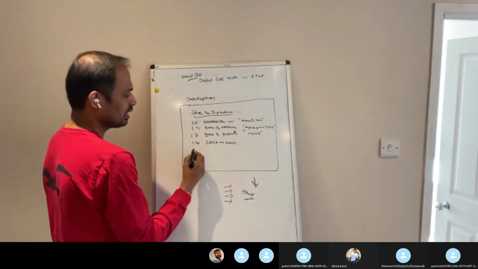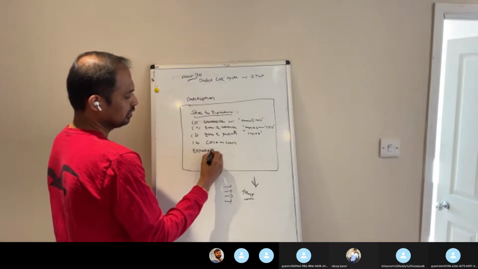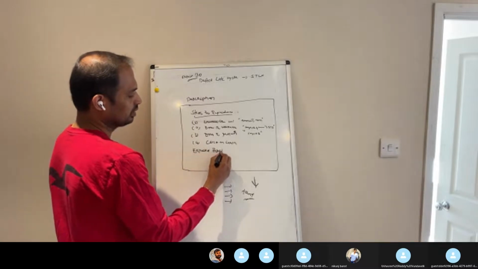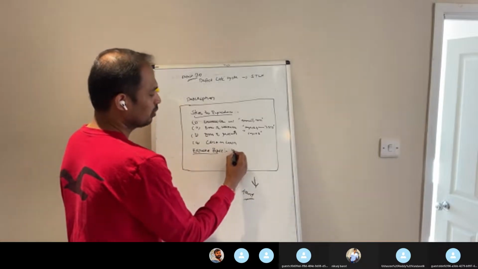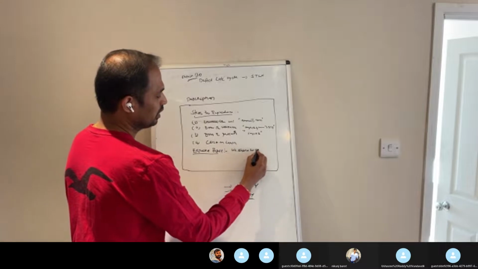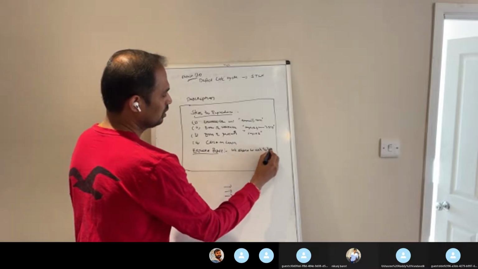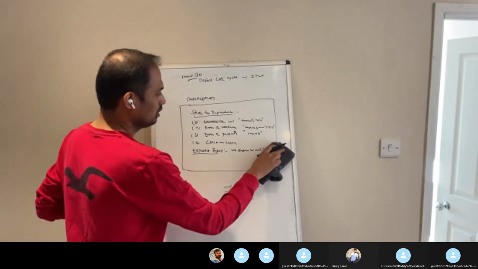So what is the expected result? We need to write the expected result. What is the expected result? We should be able to enter the username.